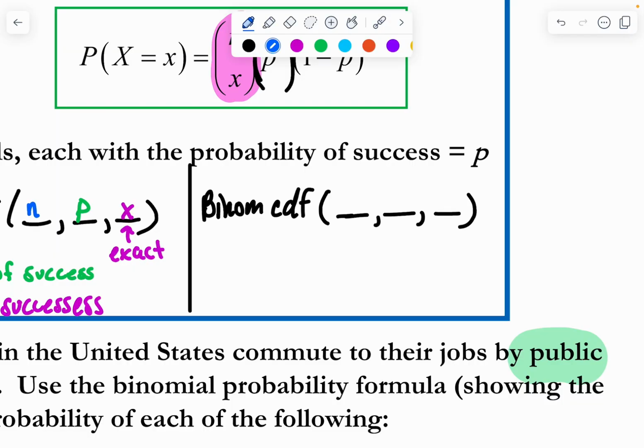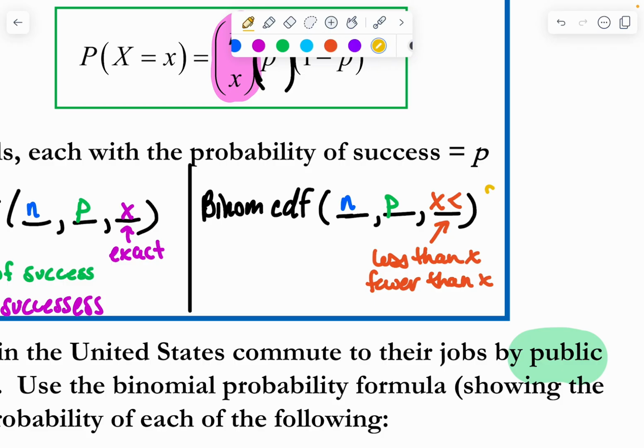to begin with. So N is the total, P is the probability of success, but this time X is less than a certain number. So this is when we're going to use the number of less than or fewer than a certain number X. And I'm going to put a star here.